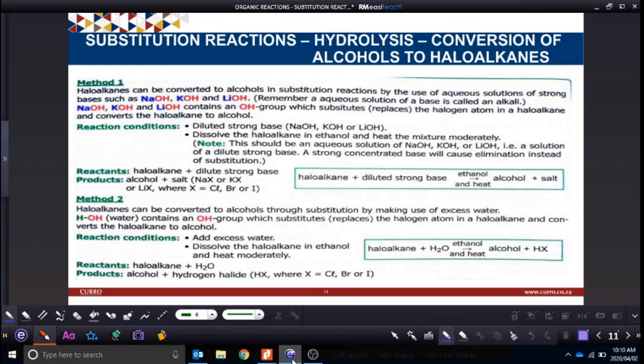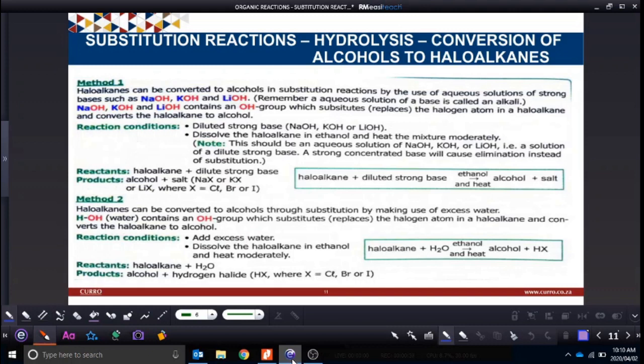Our last substitution reaction is hydrolysis. In other words, we are creating a compound where we make an alcohol. There are two methods. Method 1: the haloalkane can be converted to an alcohol in a substitution reaction by the use of an aqueous solution of a strong base such as NaOH, KOH and LiOH.